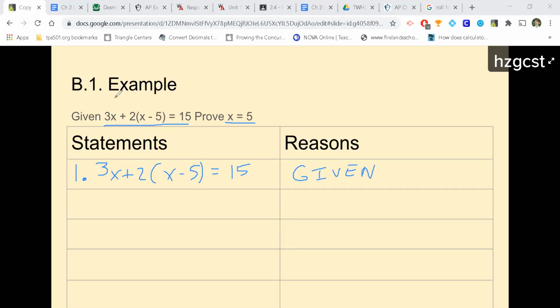Every proof starts out like that. If you start every quiz just copying the given and writing given next to it, you can do that for the quiz tomorrow. You can do that for the unit test that we have in 2 weeks. You can do that for the unit 3 quizzes, the unit 3 test, and that's just free points every time. Free points just given to you.